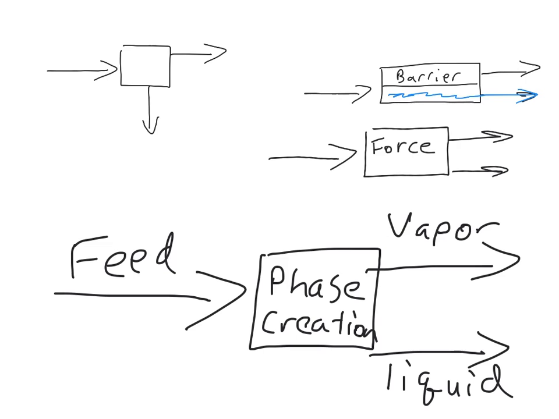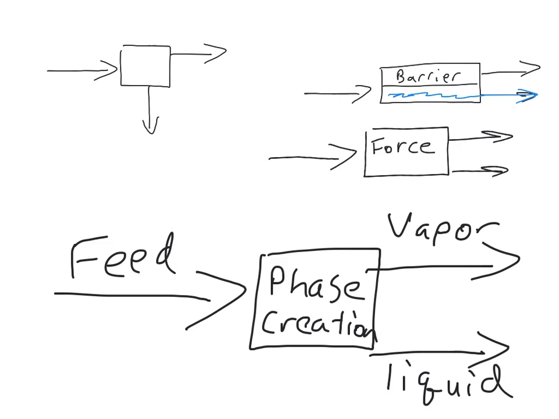The last method I'm going to talk about for separating different chemicals is through phase creation. This is the most mature, the most commonly used method for separations, and it's what we're going to be spending this next part of the course on, where we have some sort of feed and we create two or more different phases.